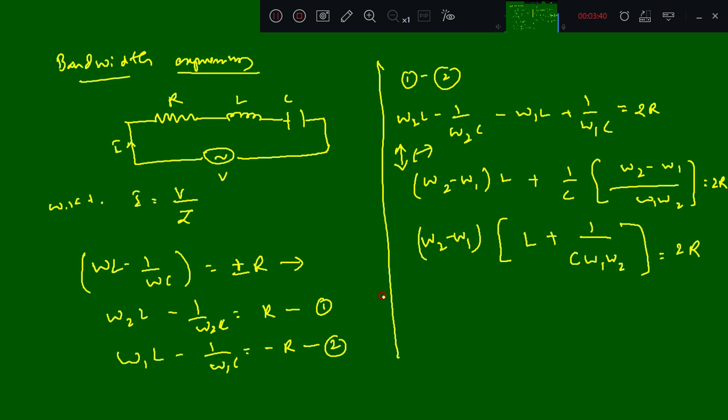Then we have derived from the previous derivation that omega 1 omega 2 is equal to omega naught square, that is 1 divided by LC. Then just substitute the value.